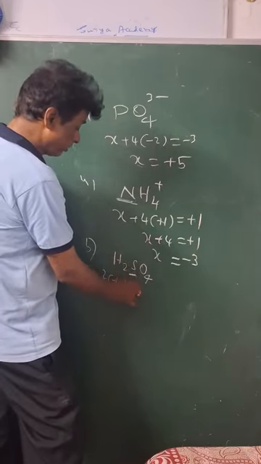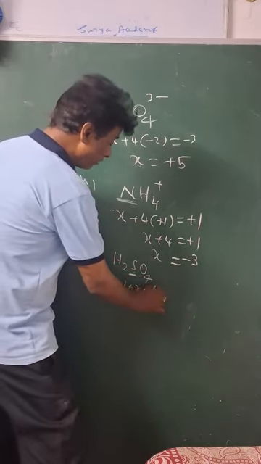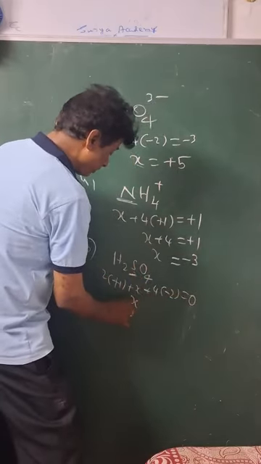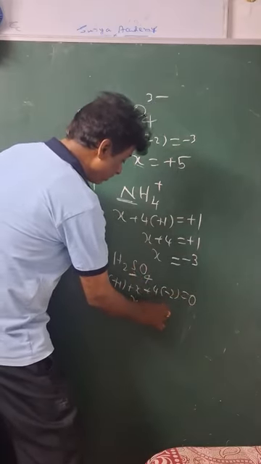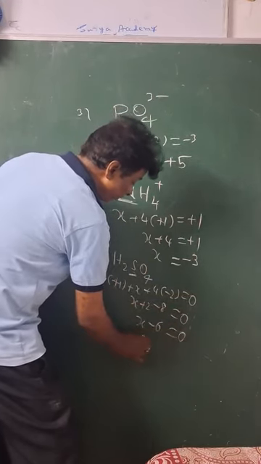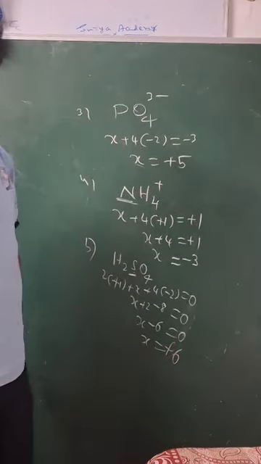Sulfur X. Oxygen minus 2, 4 into minus 2. Equal 0. X plus 2 minus 8 is equal to 0. X minus 6 is 0. X is equal to plus 6. So this is the way to find oxidation numbers.